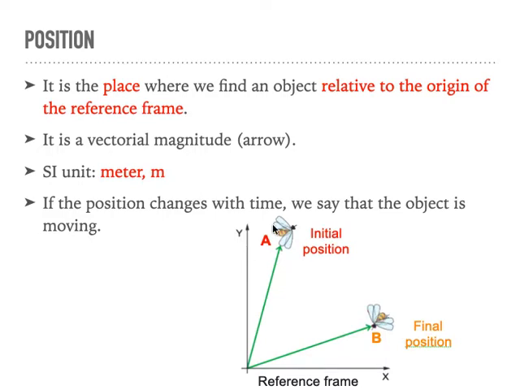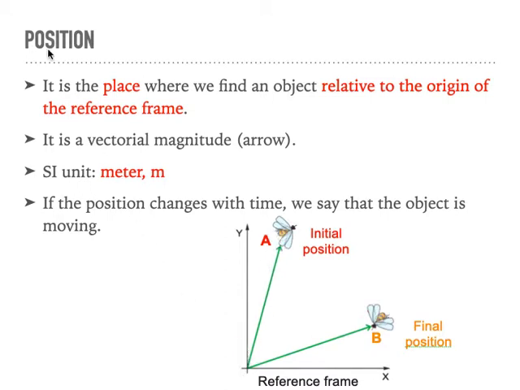But this arrow indicates how far it is and the direction and everything, so it gives a lot of information. And that's why we say the position is a vectorial magnitude also, because you need an arrow to define it, to really give all the information we need with the position. But you will see it in other courses. So here, just know that position is where the objects are, but we need an arrow to represent it.